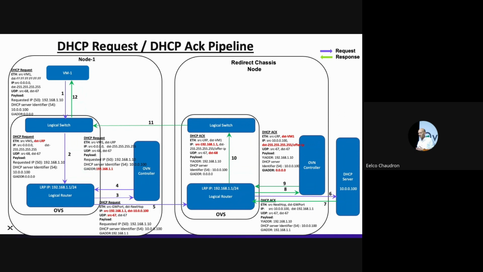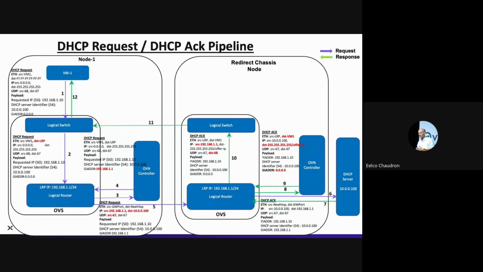Now the logical router sitting on the RC node processes this packet and forwards it to the ovn-controller. The ovn-controller does the required sanity checks on the packet, and after that it updates the required fields in the packet, like destination MAC and destination IP, and the GI address is reset, and the packet is sent back to OVS at step number 9.